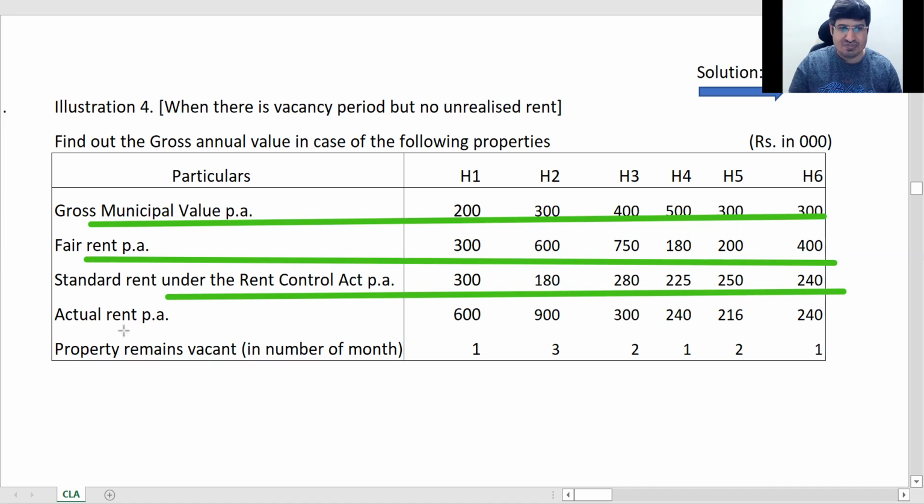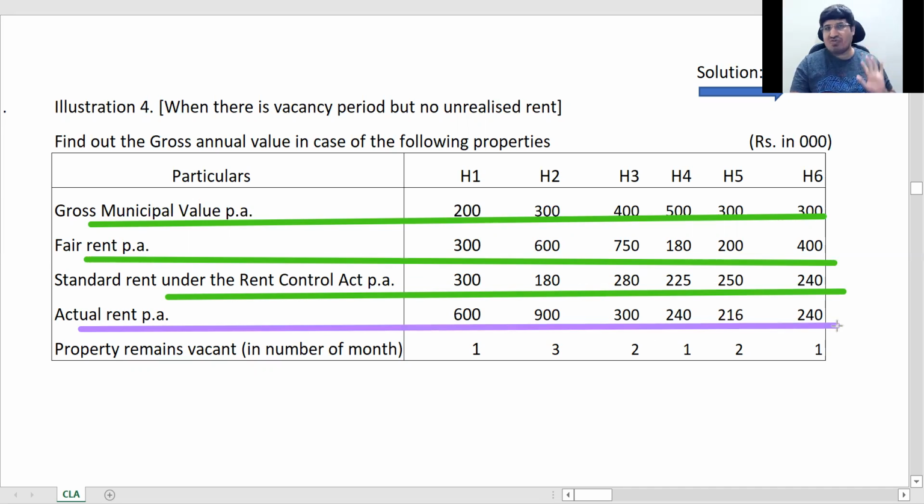Next, actual rent. Again see, per annum has been used here. Because the word per annum has been given, it is for 12 months. Wherever they use that word per annum, take it for 12 months. If they had not used per annum, then I would have excluded this vacancy period.